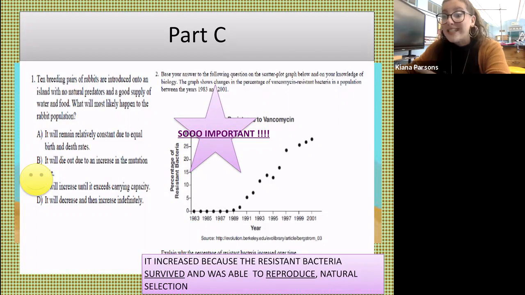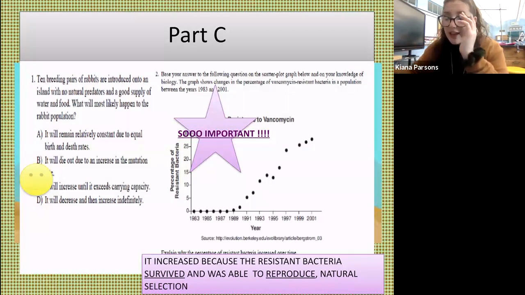And that resistance became an adaptation to these bacteria in this environment where they were being presented with antibiotics, this vancomycin, and these resistant bacteria were the ones that survived to reproduce, and they were then chosen as the new version of this bacteria, and potentially could even become a different species of bacteria. But right now they're in between being a different species because right now they're just the resistant vancomycin.